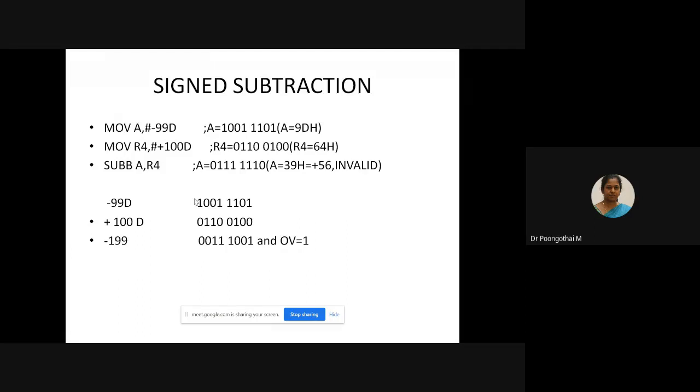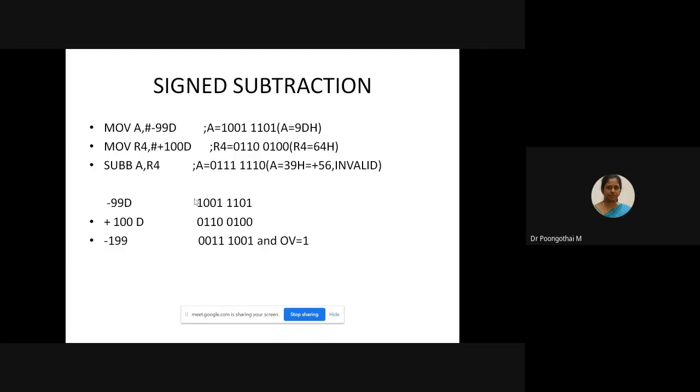So two different signs, minus 99 and plus 100. These two are decimal values. 9D is the hexadecimal representation of the negative number, that is minus 99. And 100 is the positive value. The hexadecimal representation of 100 is 64.